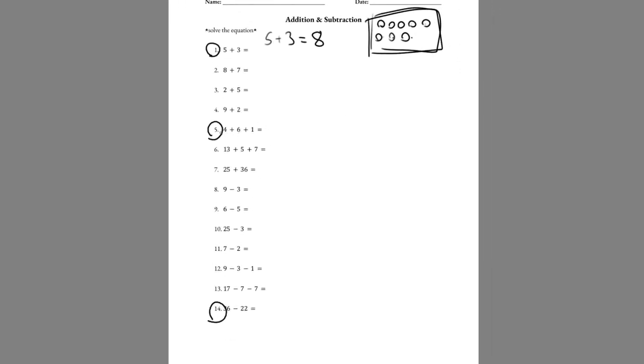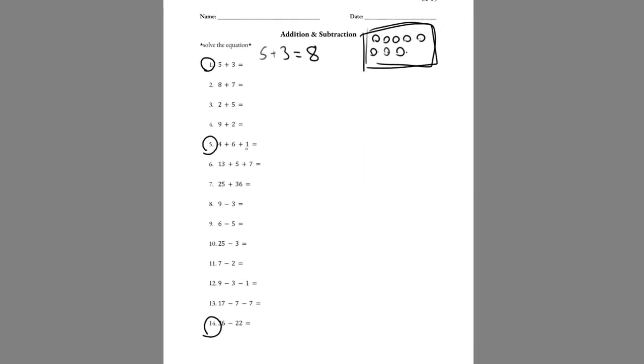Now, question 5 has 3 things that we need to add: 4 and 6 and 1. So the question is, do we add 4 and 6 together first, or 6 and 1 together first, or 4 and 1 together?